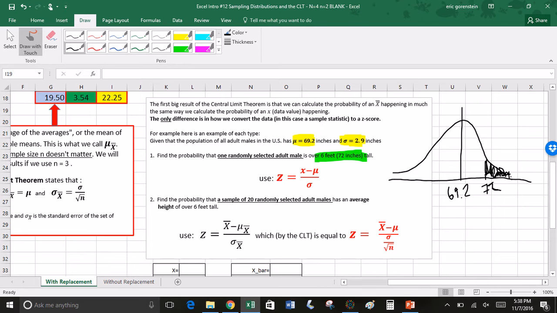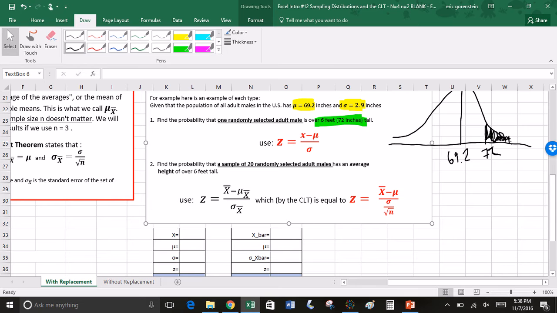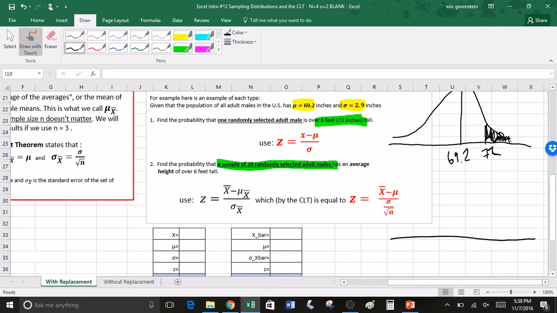Now, in this second problem, we're asking: what is the probability that a sample of 20 adult males has an average height of over 6 feet tall? Well, the distribution of heights of adult males is normally distributed.